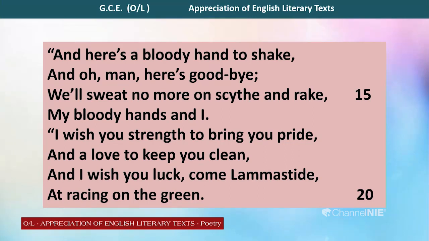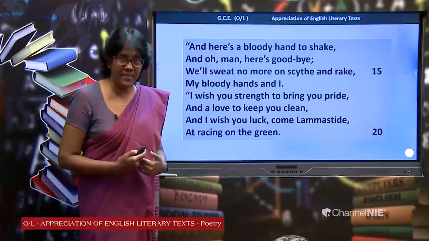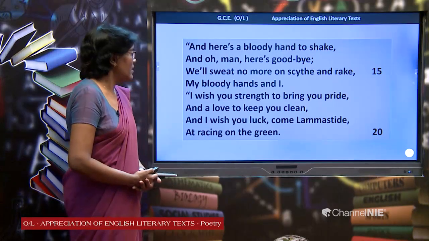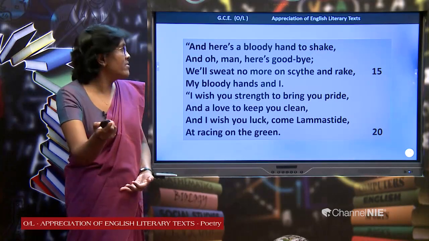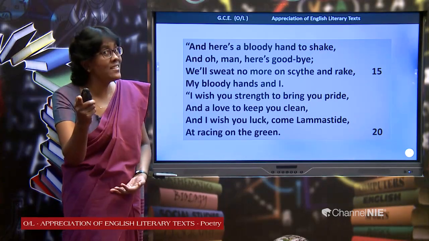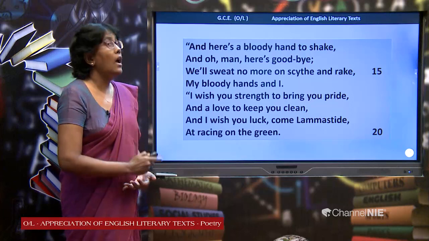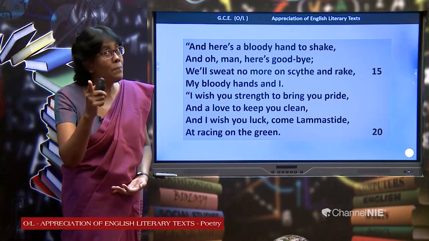And here's a bloody hand to shake. And oh man, his goodbye. We'll sweat no more on scythe and rake. My bloody hands and I wish you strength to bring you pride, and a love to keep you clean.